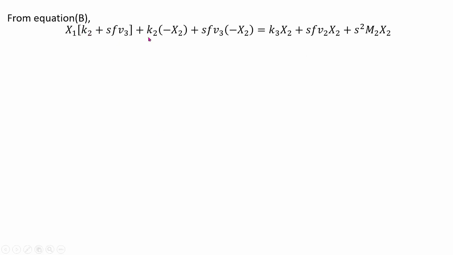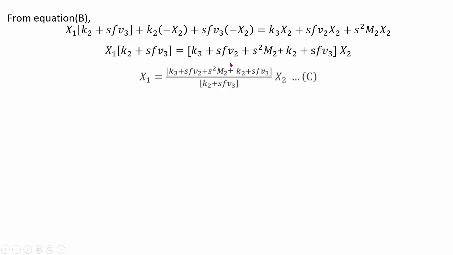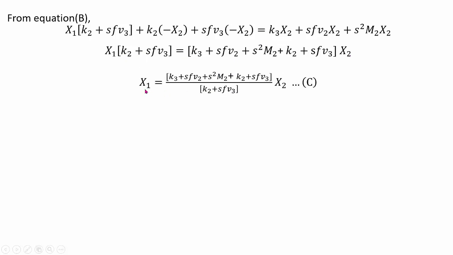If you take the terms corresponding to x1 together, you get this, and all the remaining terms are of x2. Now if you further simplify this, with x1 taken together and x2 taken together, you get a relation for x1 in terms of x2 as equation C.